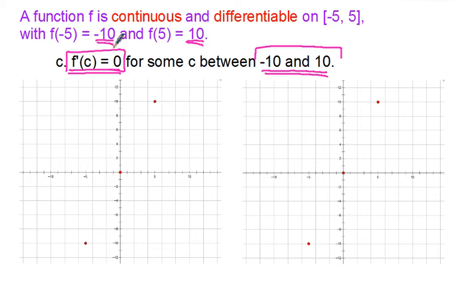So they're sort of messing with your head a little bit to see if you're paying attention. But in any case, is that necessarily true? Well, maybe, maybe not. There might be a c value where the graph has a horizontal tangent, or there might not. So this is going to be a sometimes situation.